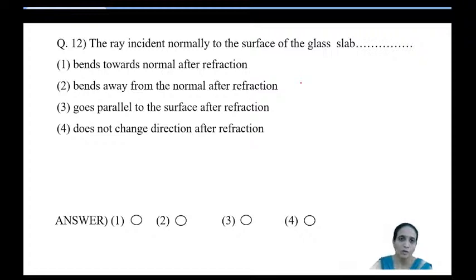So which one is the correct answer? Fourth one. Incident ray normally, see, surface of the glass slab. This is the normal. The incident ray is also normal to the surface of this glass slab. So obviously this ray will go without any change in the direction. Does not change the direction after refraction. The fourth option is the correct one.